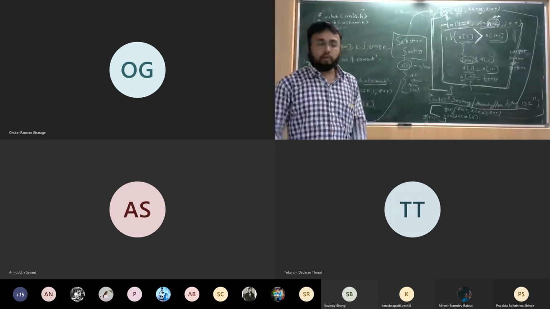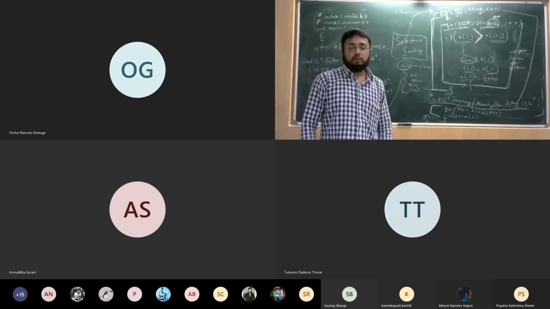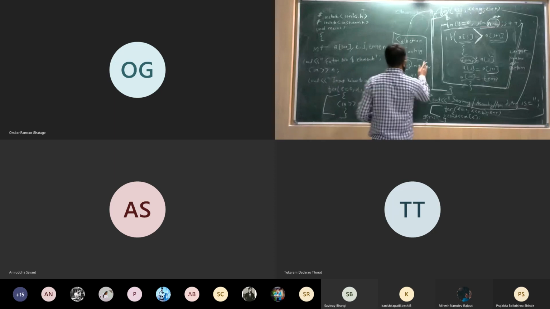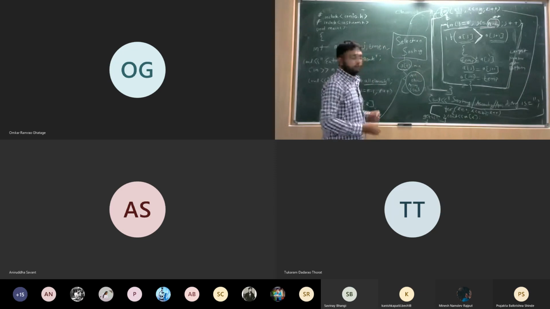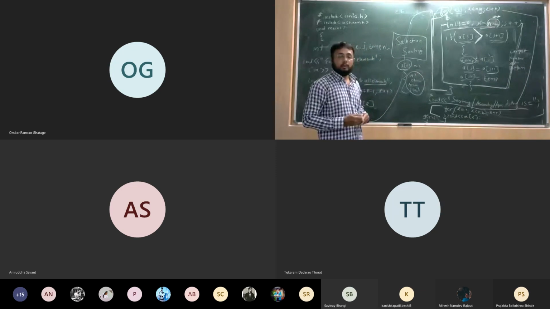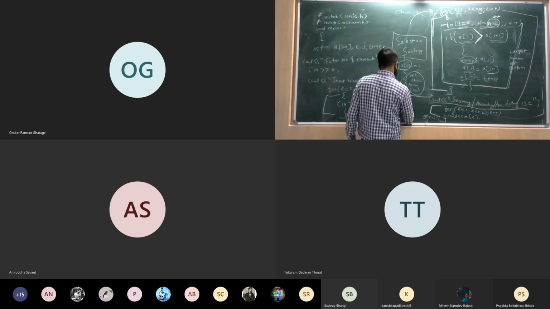If we are going to find the minimum, that means we need ascending order, so we need to find a minimum number. So initially we compare with all other members, and if a minimum number is found, we keep it at the first position.